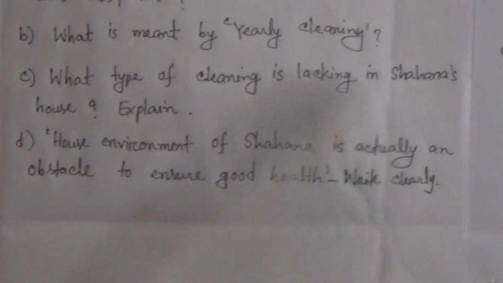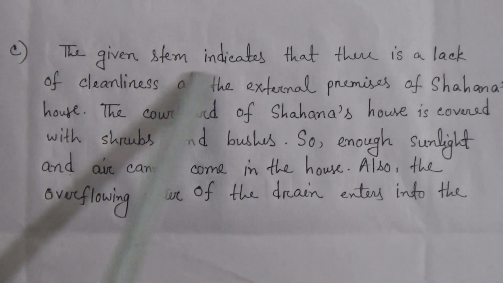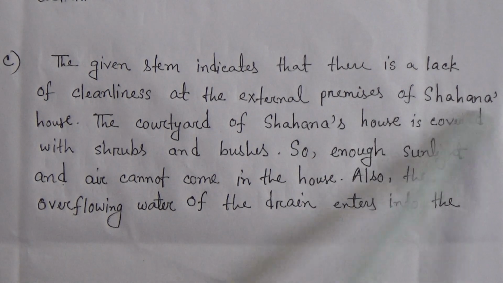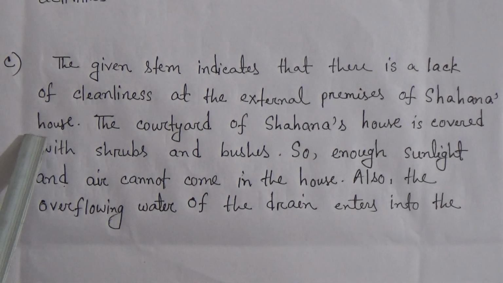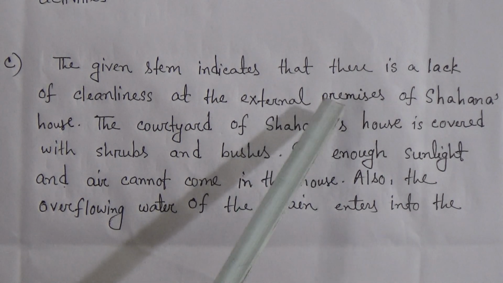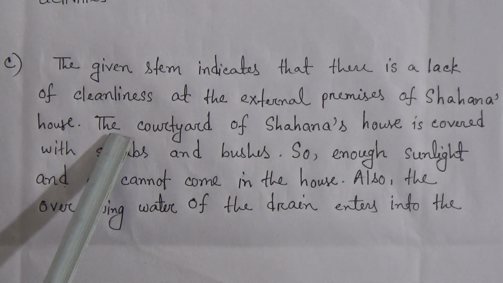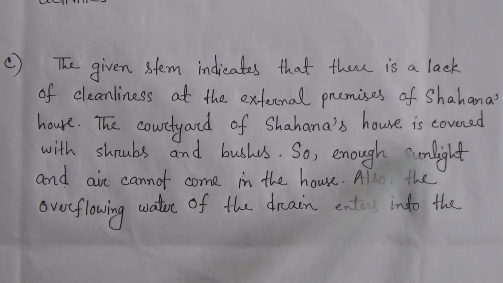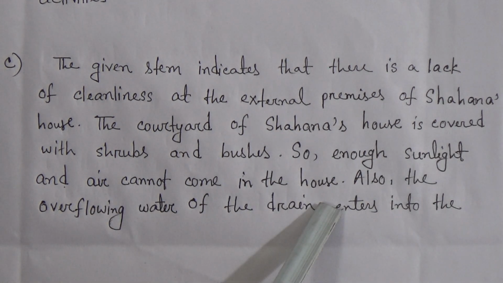Number C: What type of cleaning is lacking in Shahana's house? Explain. Answer: The given stem indicates that there is a lack of cleanliness at the external premises of Shahana's house. So Shahana's external premises are uncleaned. The courtyard of Shahana's house is covered with shrubs and bushes, so enough sunlight and air cannot come into the house.